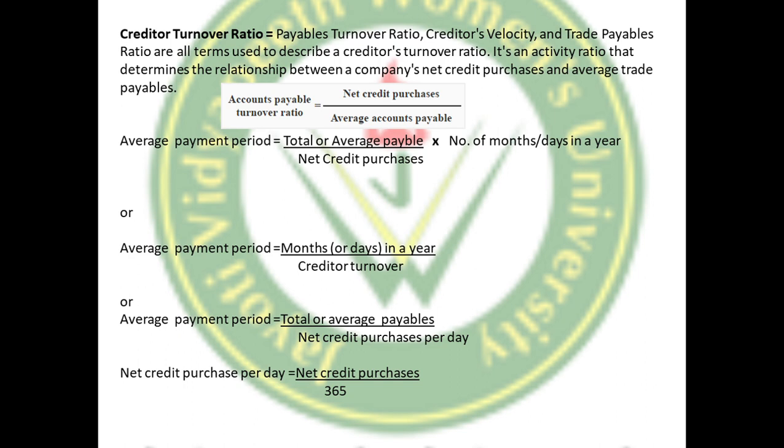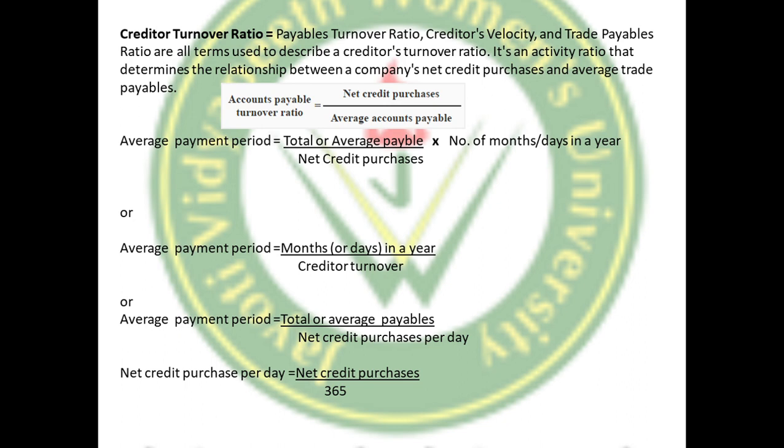Now what is this average account payable? Average account payable is creditors plus BP, and BP is bills payables. The net credit purchases will be already given in the question, or some information will be given in the question.